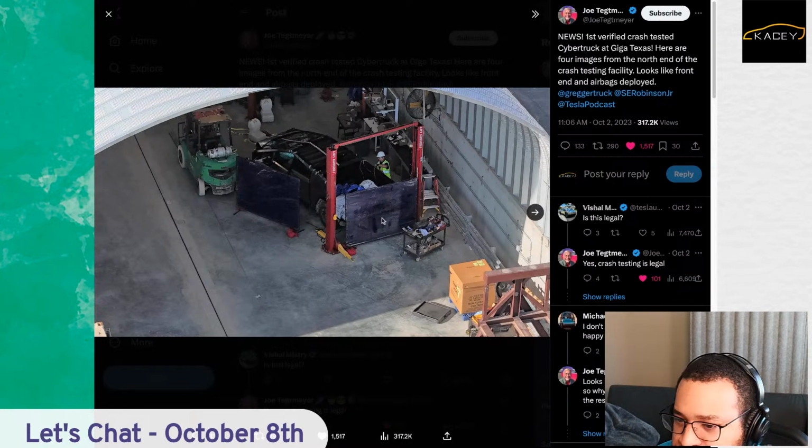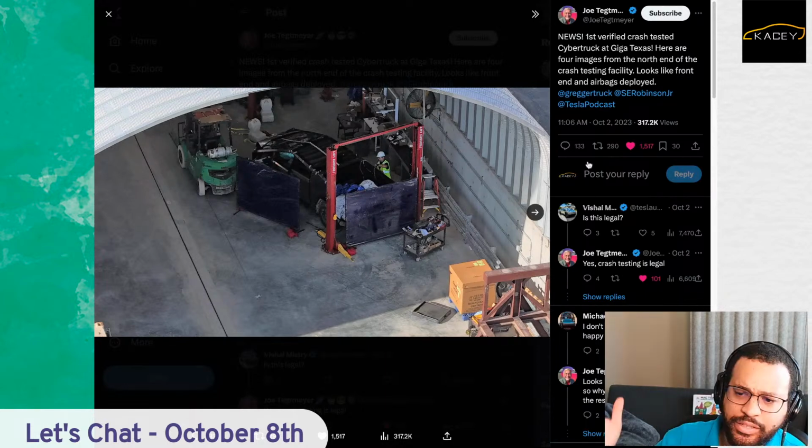So here it appears Tesla was trying to prevent looky-loos, but they didn't cover the air. You can see side curtain airbags. We can see kind of a crushed windshield. Definitely the front end. The front is all kinds of folded up.